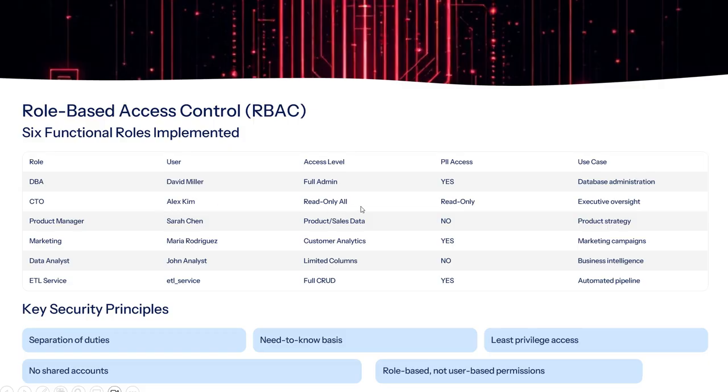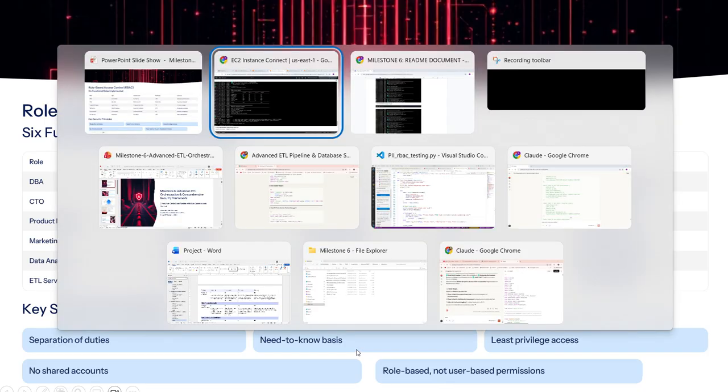This is just read-only access to everything, etc. And for product manager, similarly we have Sarah Chen, marketing for Maria Rodriguez, data analyst for John Analyst, and ETL service for full CRUD, etc. So the key security principles here are separation of duties, need-to-know basis, least privilege access, no shared accounts, and role-based, not user-based, permissions.